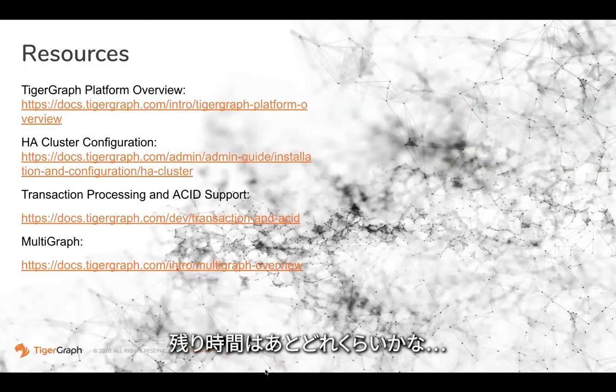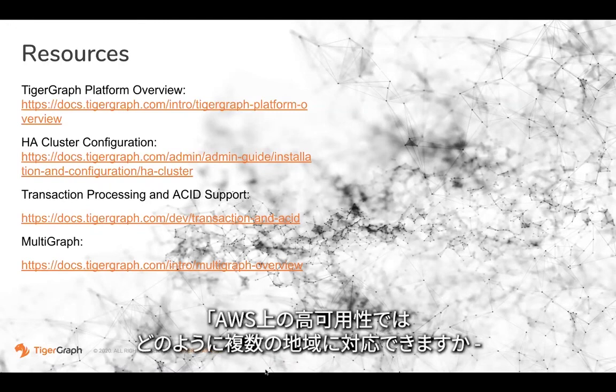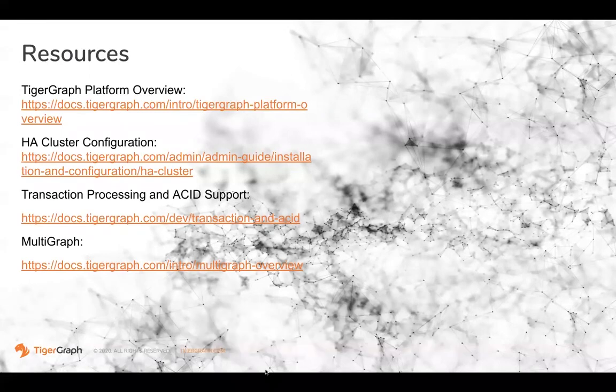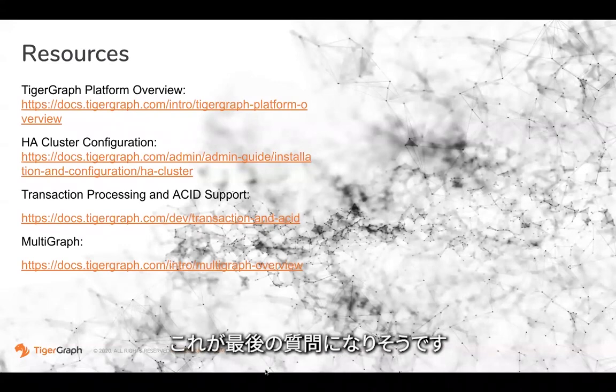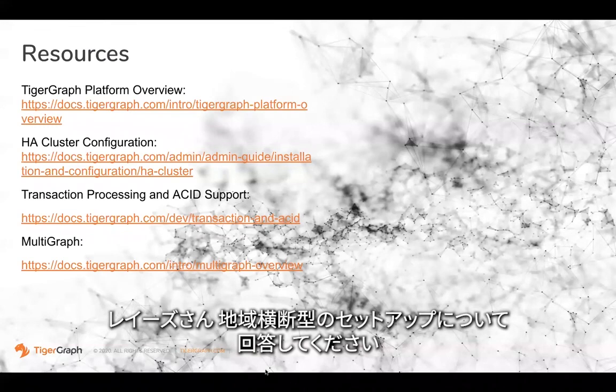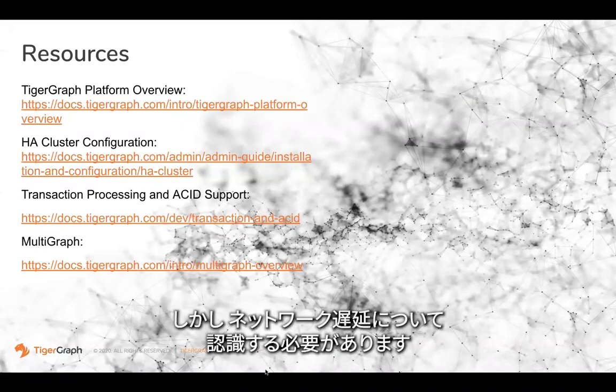Let's see how much more time we have. For HA on AWS, how do you deal with or support multiple regions in terms of ACID, writing to all nodes, and the cross-region latency? That might be the last question we have time for, but Rais, do you want to take that one about cross-region setup? Yeah, from a cross-region perspective, a single cluster can be set up across regions, but you have to be cognizant of the network latency.